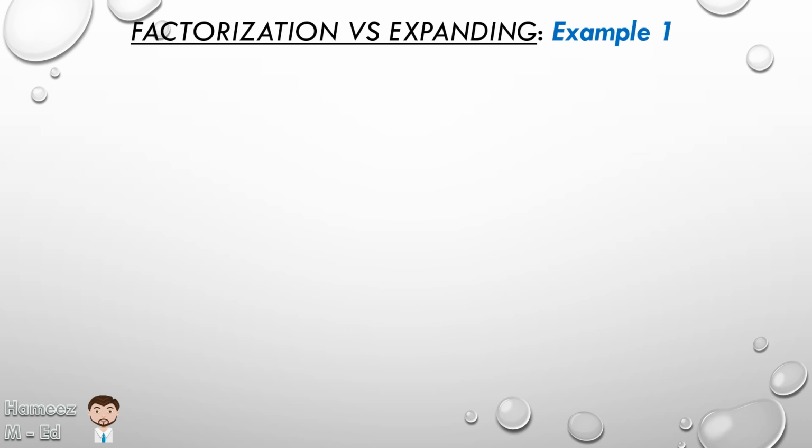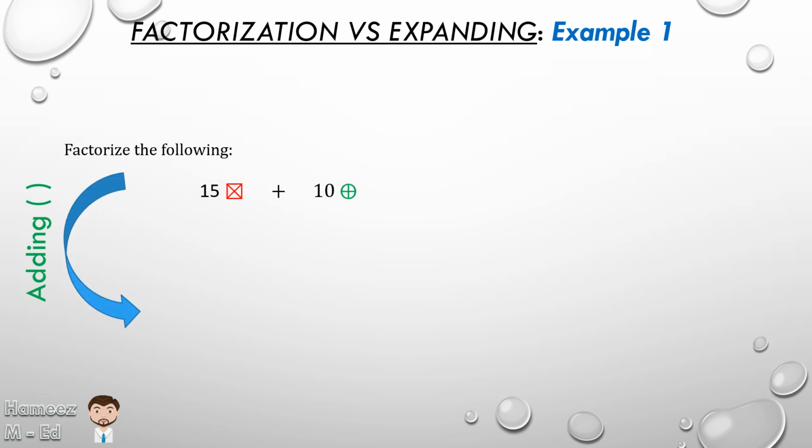We now look at the same example we did in the first part 1 video of factorization. The question, which was factorize the following, really means adding brackets. So the question was, factorize 15 squares plus 10 circles. What was shown in that video was we needed to find the HCF, the highest common factor, which worked out to be 5.